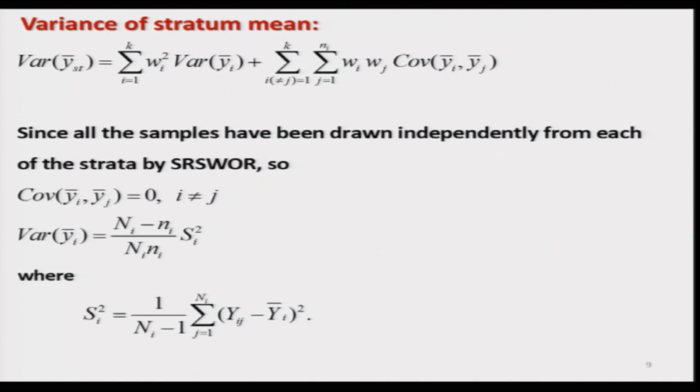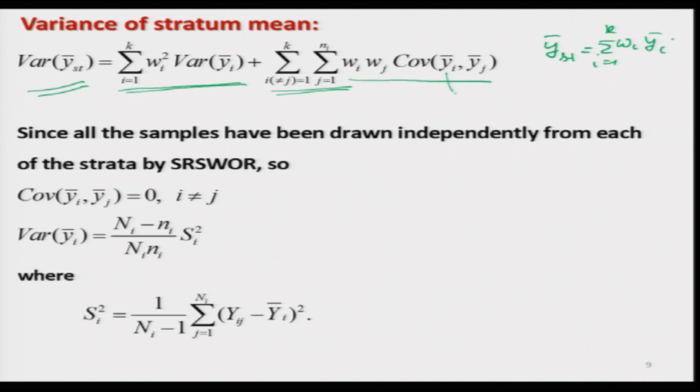Now, I try to find the variance of this y bar ST. Remember one thing, I will just write down here for your convenience. Y bar ST is the sum, i goes from 1 to k, of Wi y bar i. If you operate the variance operator and find the variance of y bar ST, this will come out to be the sum from 1 to k of Wi square variance of y bar i, plus the double summation, i not equal to j, of Wi Wj covariance between y bar i and y bar j.